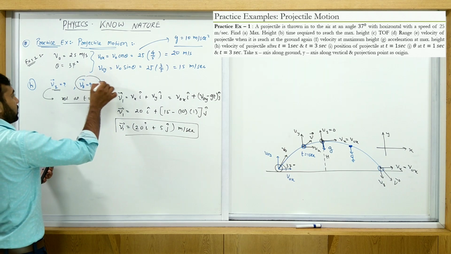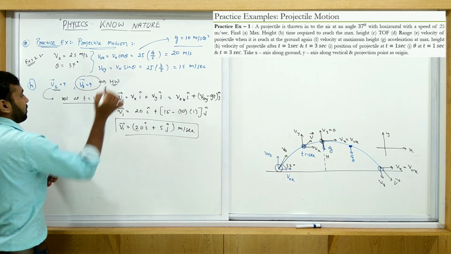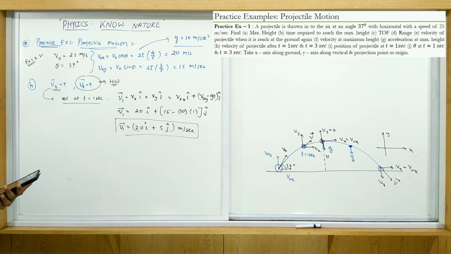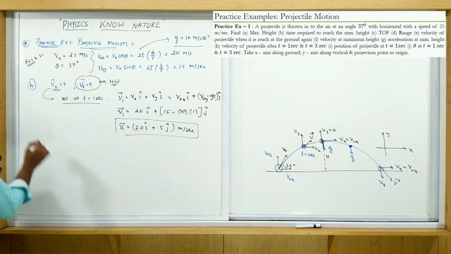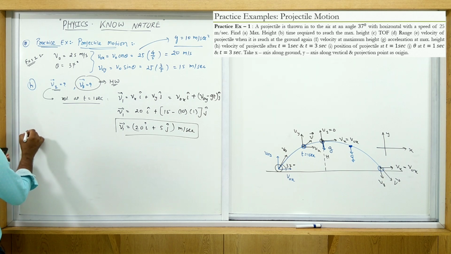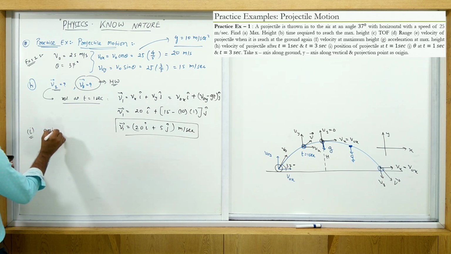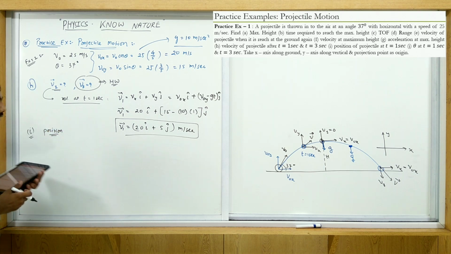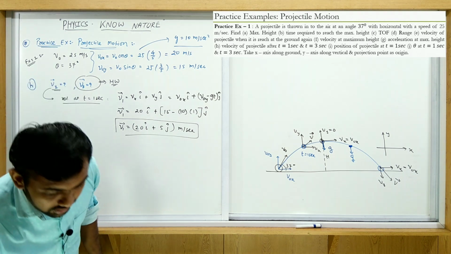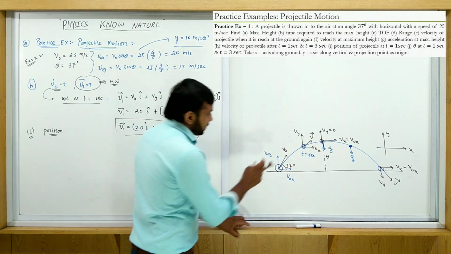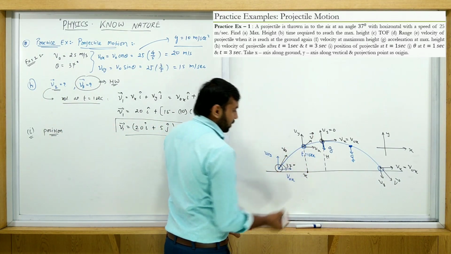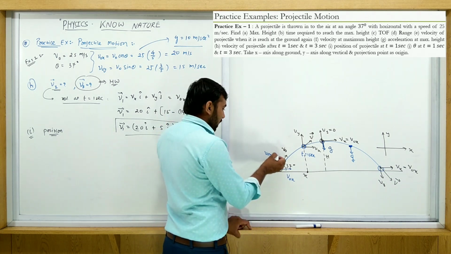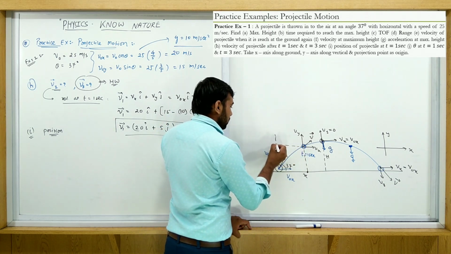Similarly, find the other one by yourself. It is homework. Next problem, position of a projectile at t equal to 1 second. We have to find the position. What is the meaning of position? Let's understand it first. Suppose the object is somewhere here. Along x, suppose its x coordinate is x, and here y is this one.